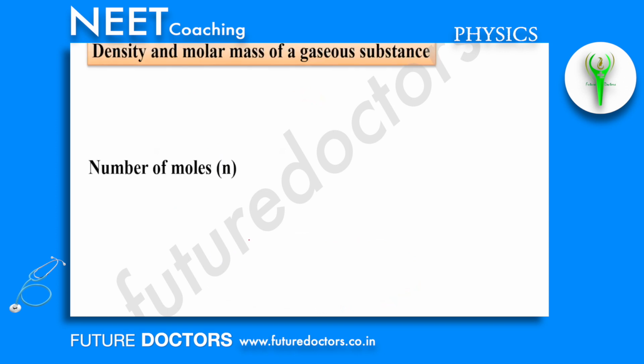Now we are going to relate density and molar mass of a gaseous substance. What is the density formula? Density is mass by volume. The number of moles is given mass by molar mass.